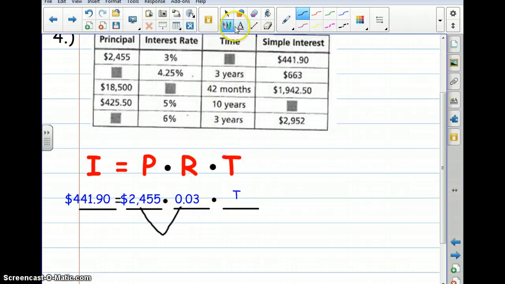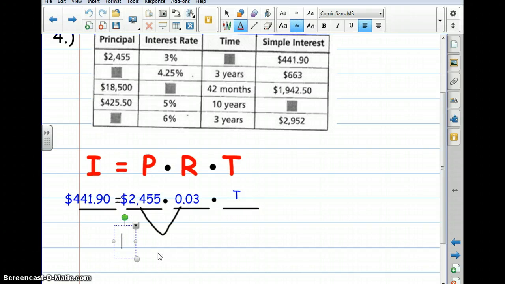And we get a total of $73.65. And time is still there, so we're still multiplying that by the time whenever we figure out what that is. And we still have not used our $441.90. So go ahead and put that, and be sure to include the equal sign.